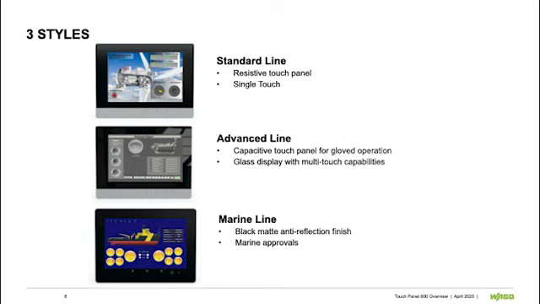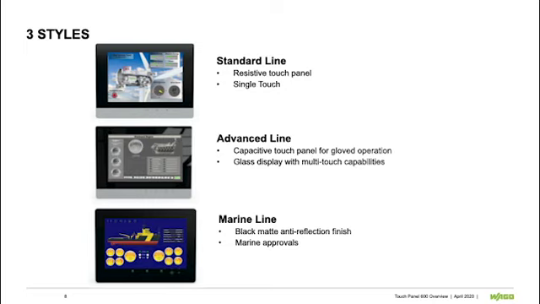The TouchPanel 600 is offered in 3 different styles, so you can optimize the device for your application. Our baseline comes with a polyester film display and has a single touch resistive screen. This is very typical for the operator that might want to press a button to start or stop an operation or change a screen.